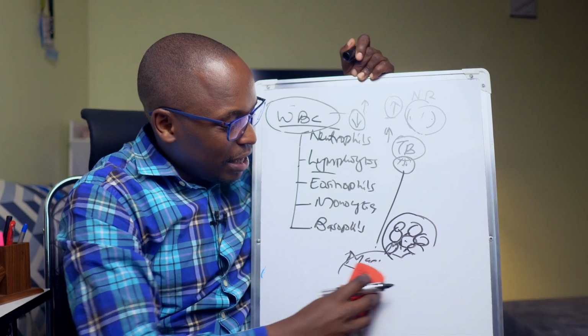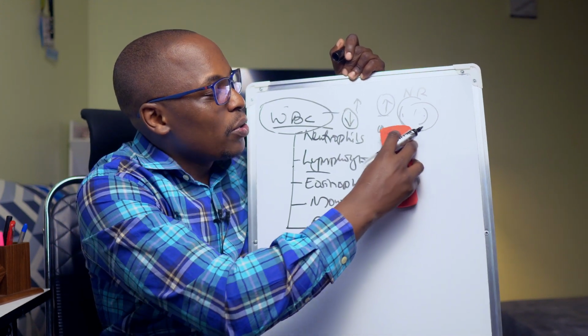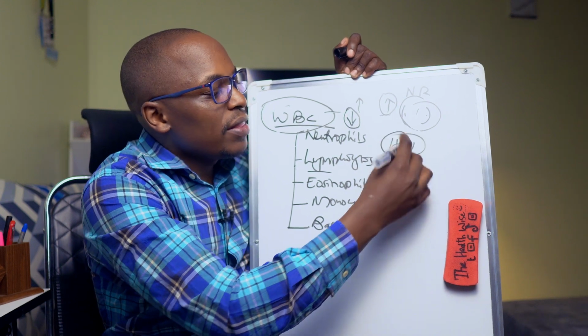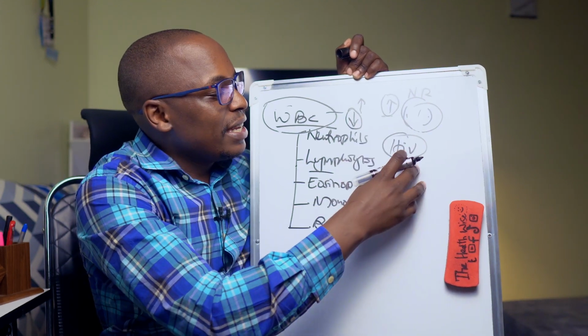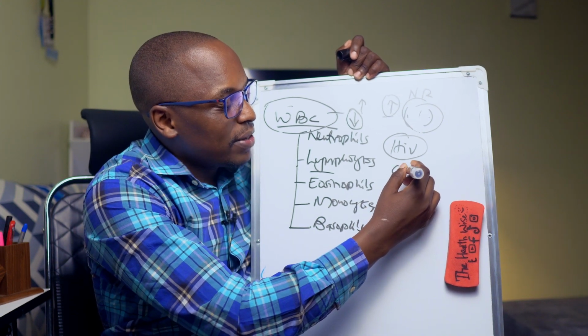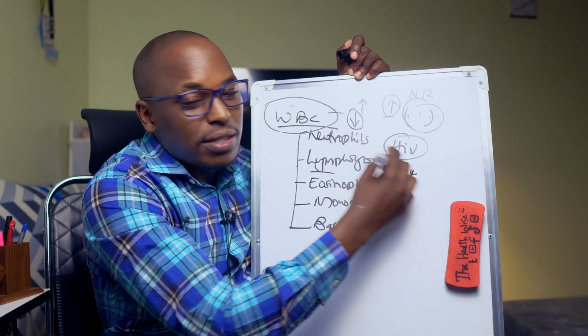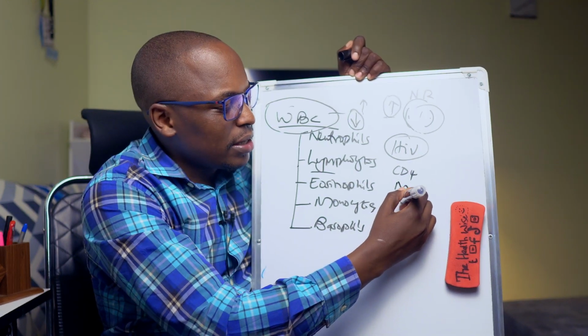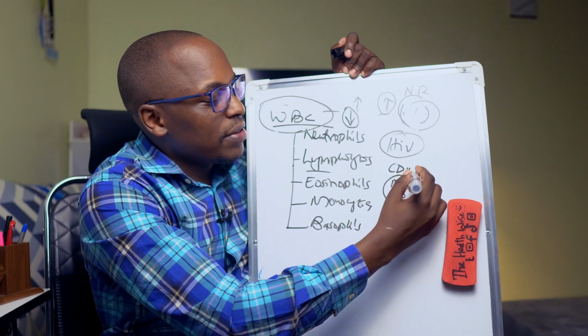Another thing is something like immunosuppression. You have something like HIV. When you get this virus, it leads to a decline in those cells that have CD4 receptors. We have macrophages, we have dendritic cells, all of them have these receptors.